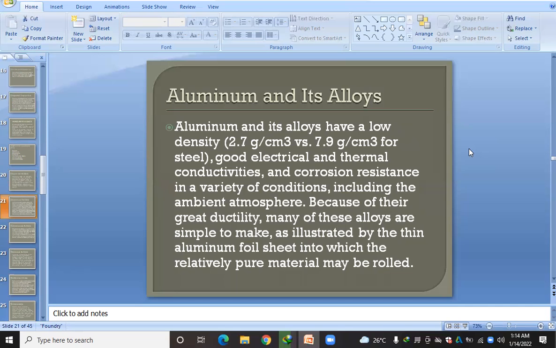Because of their great ductility, many of these alloys are simple to make, as illustrated by the thin aluminum foil sheet into which the relatively pure material may be rolled.